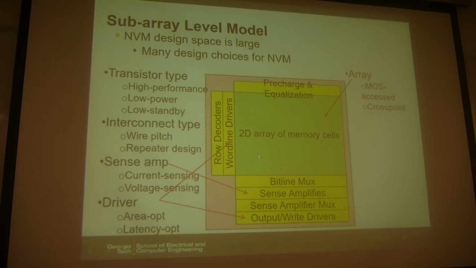And for the array, you can have what they call MOS-accessed, essentially 1T1R, or crossbar. So you have so many design options, right? If you combine all of them, it will be a huge design space. If each has a few options, for example transistor type you have 3, interconnect type you have 2, sensor you have 2, and you multiply those, and you also have the array size that you can vary.